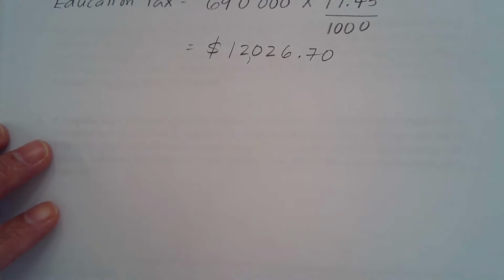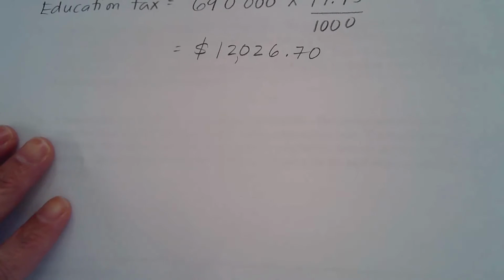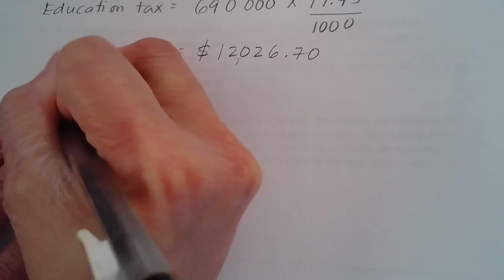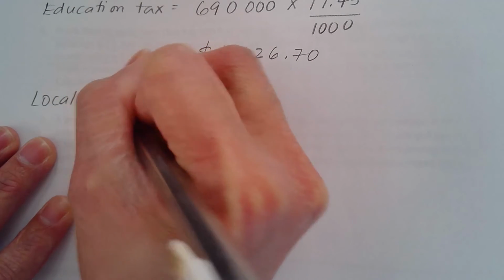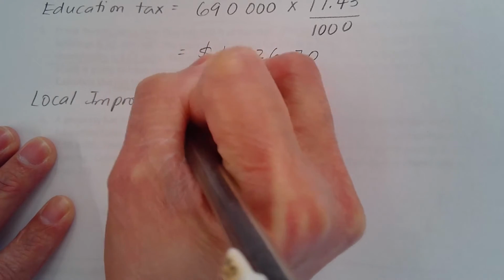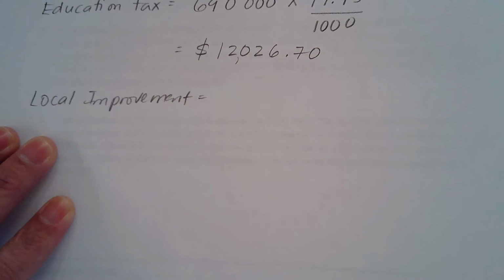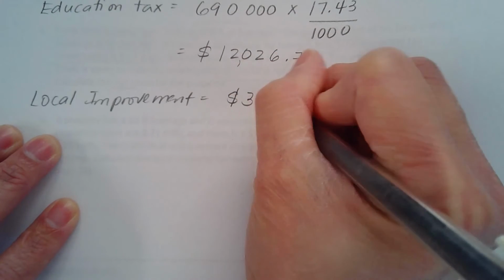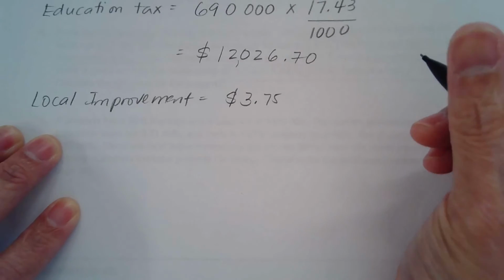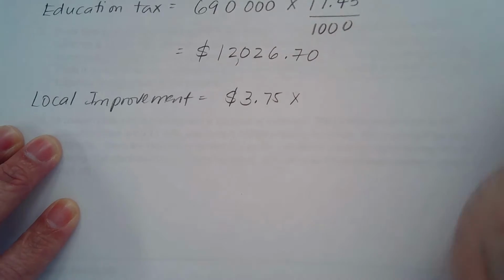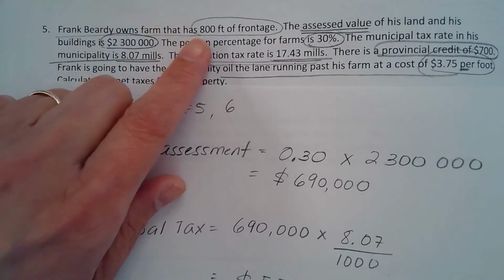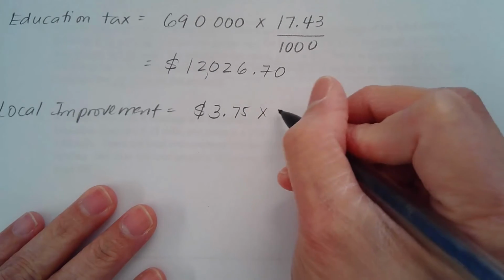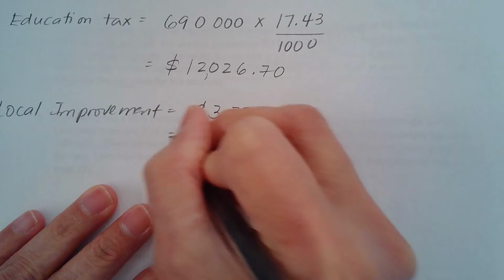So for every foot, it's going to be $375. That's what we call local improvement. Well, how many feet are there? It says 800 feet. So times it by 800.